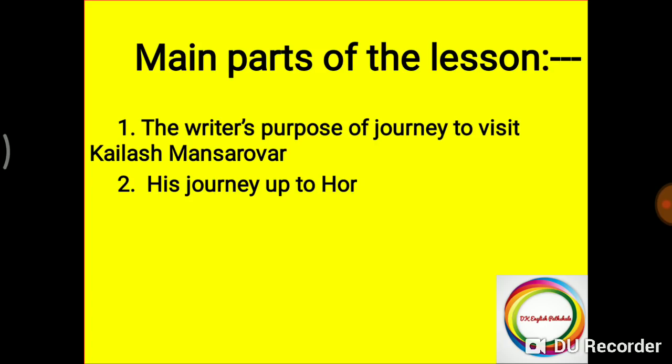In this part, you will find what hardships, what problems he faced up to Hor. Hor is a beautiful place situated at the shore of Mansarovar Lake. The writer in Darshan, this again is the name of a town, and the writer again had to face certain problems there.